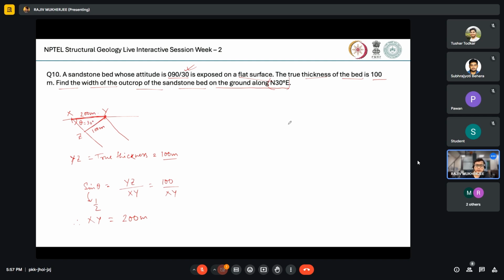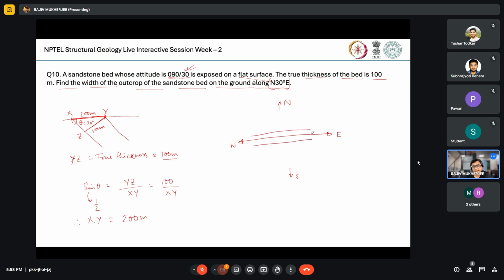Now the interesting part of the problem is that, if we consider this the east west line, and this is north and this is south, the bed whose attitude is 09030 has a strike of 090.